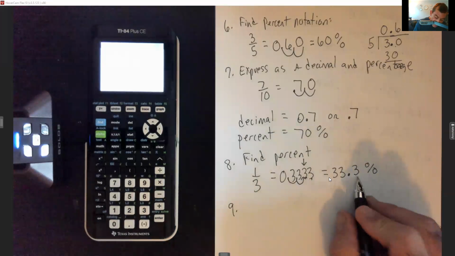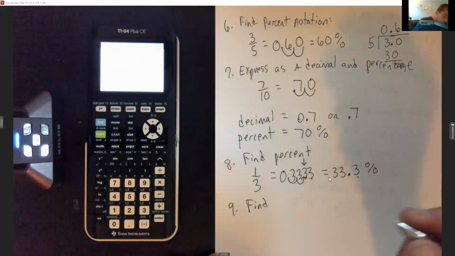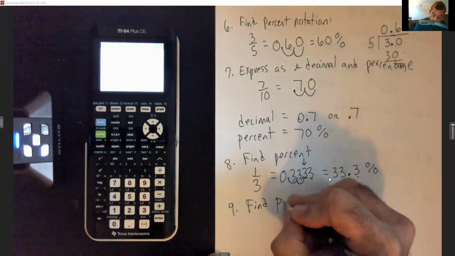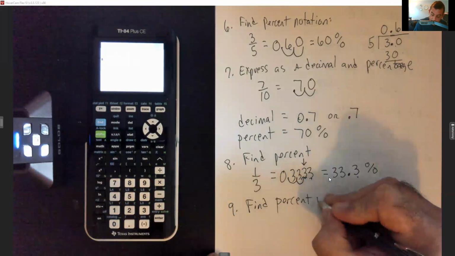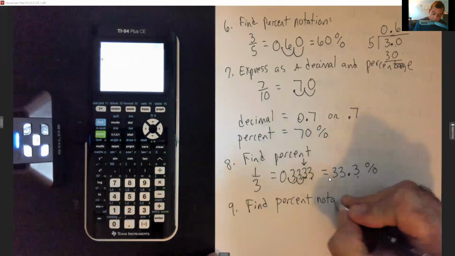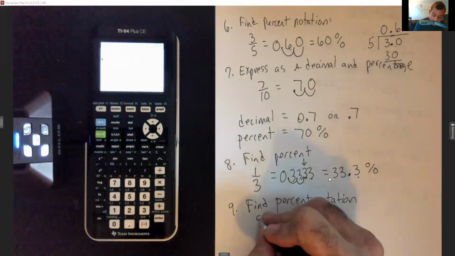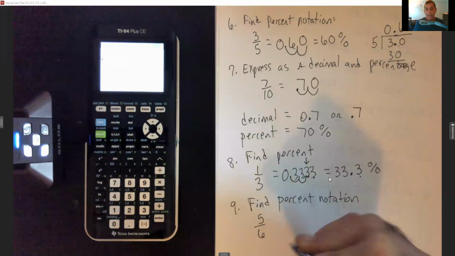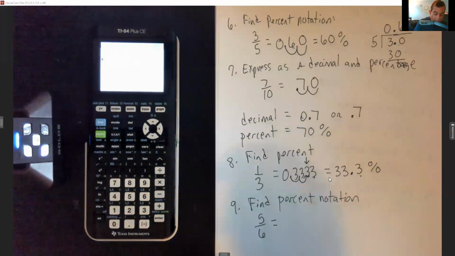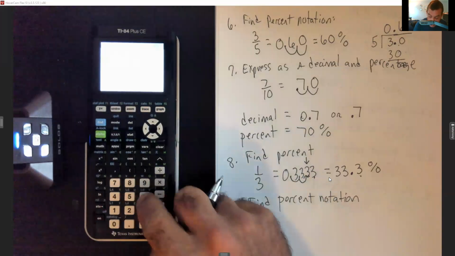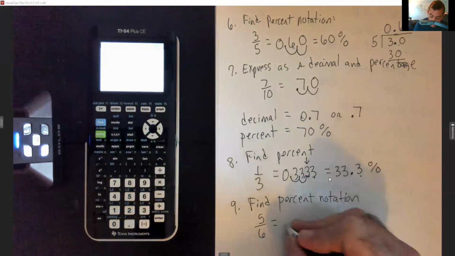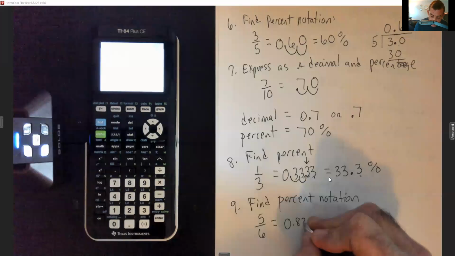All right, this one says find percent notation. So it's doing the same thing as number 8. And they're giving me 5 divided by 6. So remember, once again, I'm going to do 5 divided by 6, turn that into a decimal, and I get 0.83333.